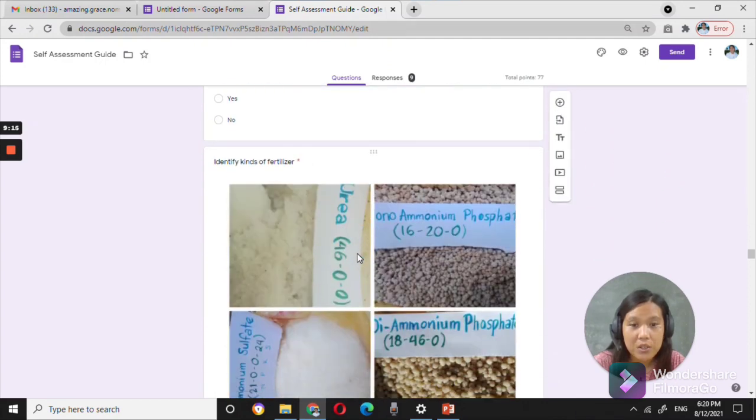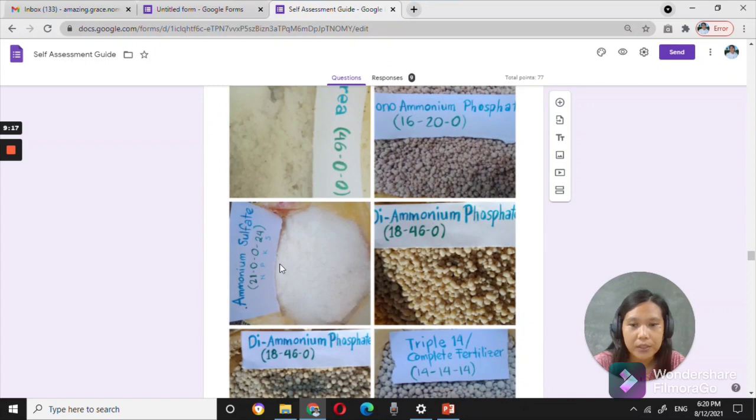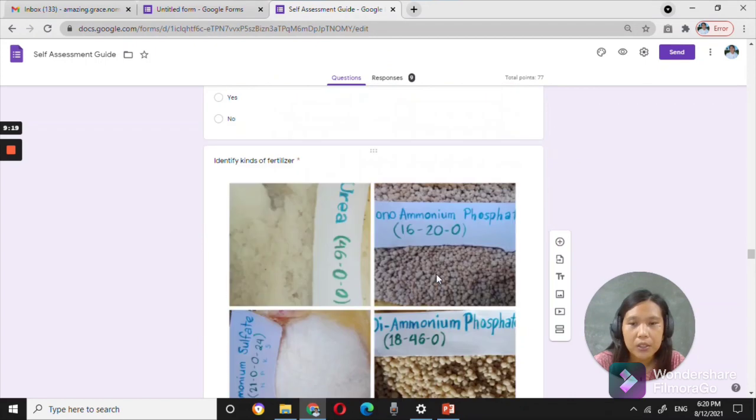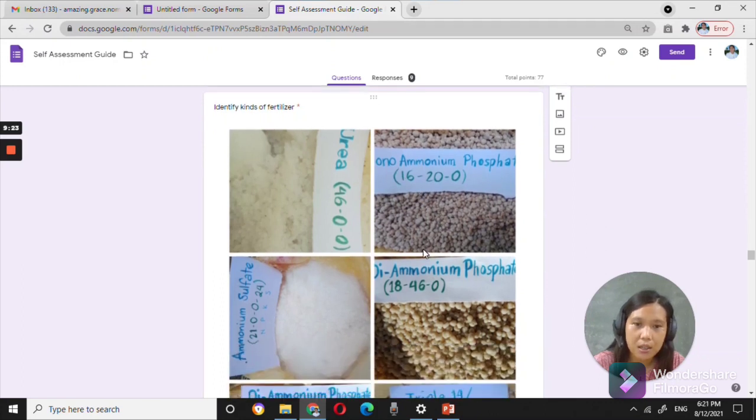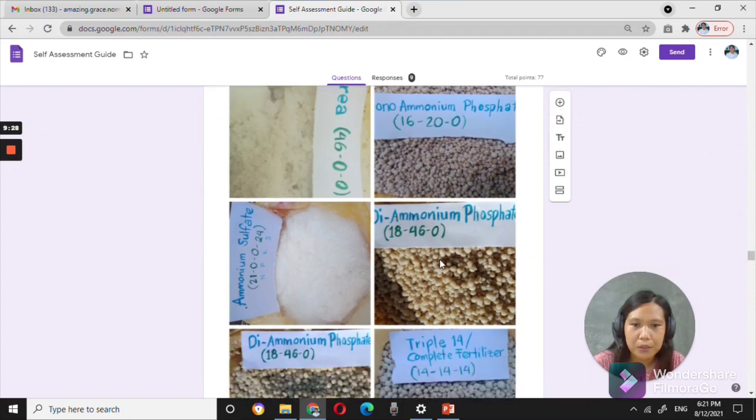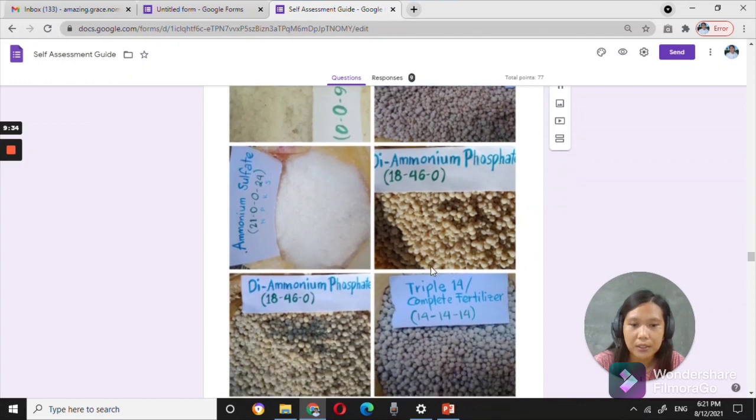So, there are kinds of fertilizers. This is ammonium phosphate here. Can you identify the kinds of fertilizer? Associate them with a color, like diammonium phosphate. Monoammonium phosphate is 16-20-0, diammonium phosphate is 18-46-0.